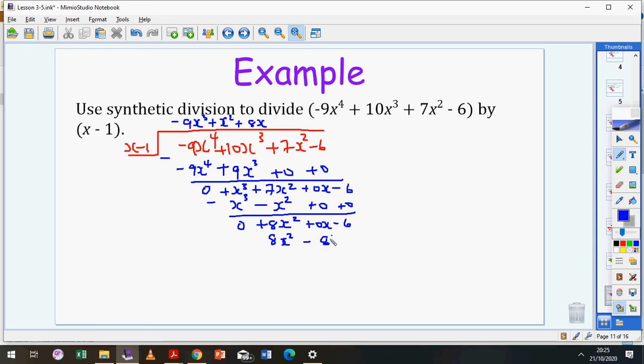Since I'm not multiplying by any other term, that's a 0. 8x squared minus 8x squared is 0. 0x minus negative 8x is positive 8x. Negative 6 minus 0 is negative 6.